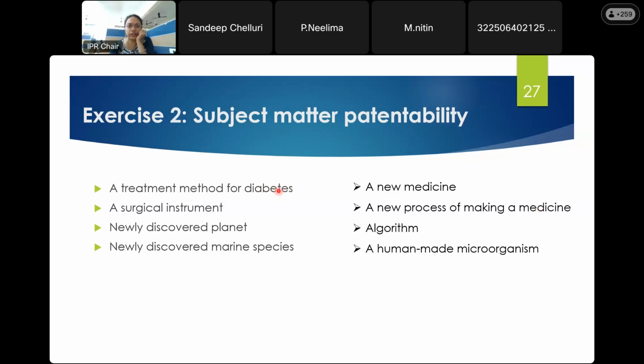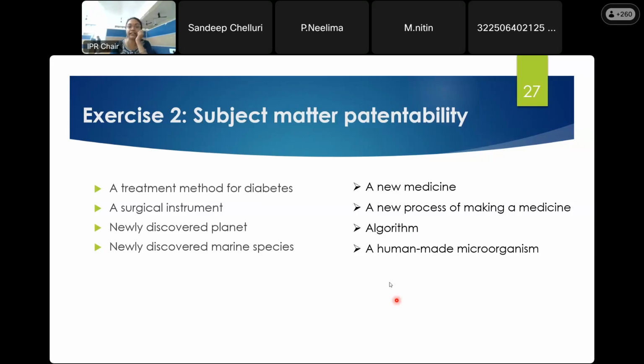Sunidhi wrote 1 no, 2 yes, 3 no, 4 no, 5 yes, 6 yes, 7 no, 8 yes. Awesome. Sunidhi, you get full marks. Whoever is not able to understand, you can talk to Sunidhi or you can ask me also. Looks like Sunidhi is going to get full marks in this exam.